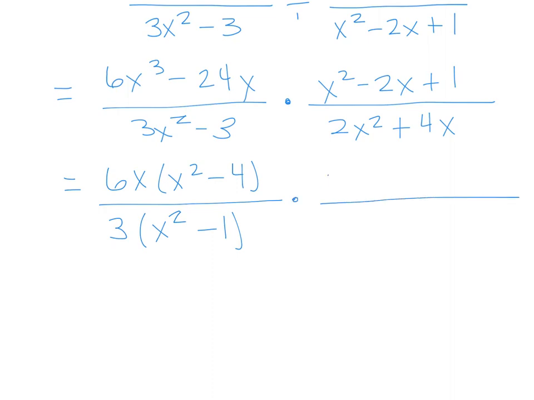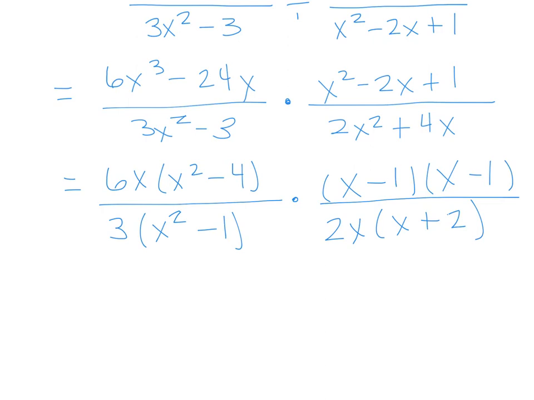The other numerator has a quadratic with leading coefficient of 1, so we're going to have an x and an x for the linear factors, and the numbers that multiply to positive 1 and add to negative 2 are going to be a negative 1 and a negative 1. The denominator has greatest common factor of 2x, leaving x plus 2.